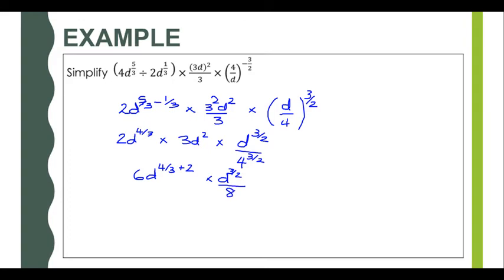Again, we can now collect the terms together, so we end up with 6 divided by 8, d to the power of 4 over 3 plus 2 plus 3 over 2. We can simplify the fraction to get 3 over 4, and if we add all the powers together, we get 29 over 6.